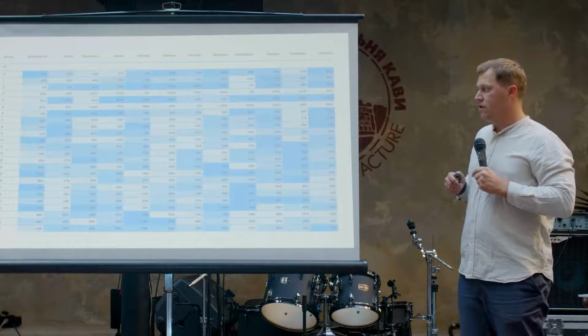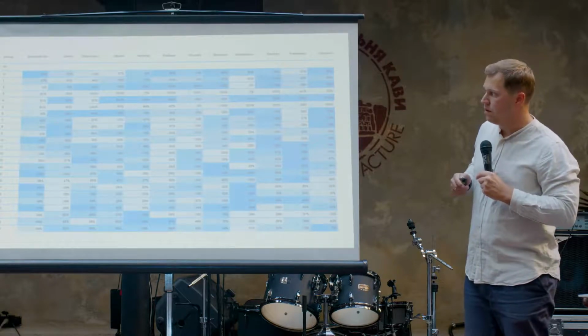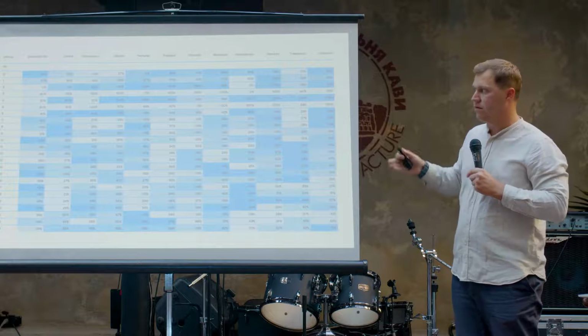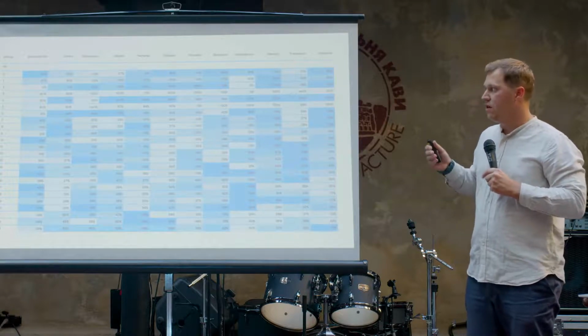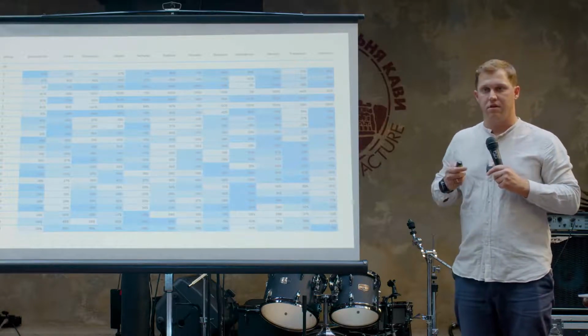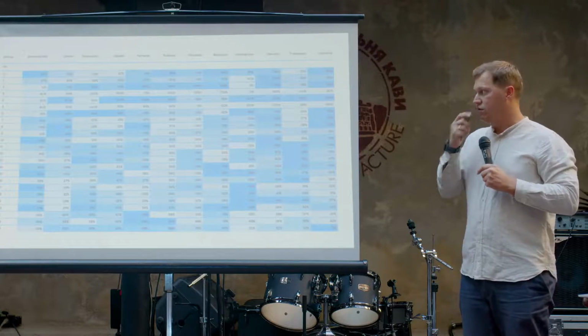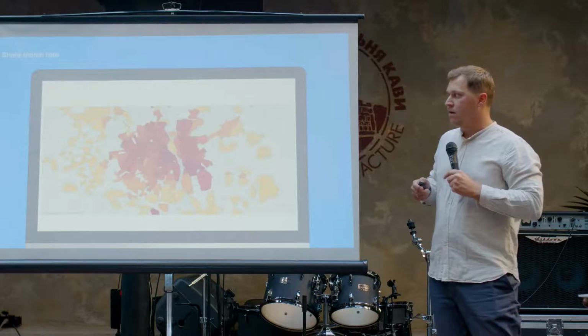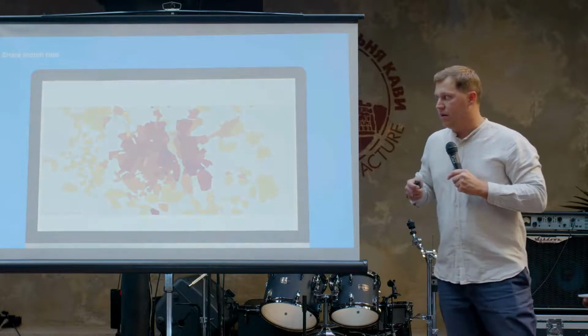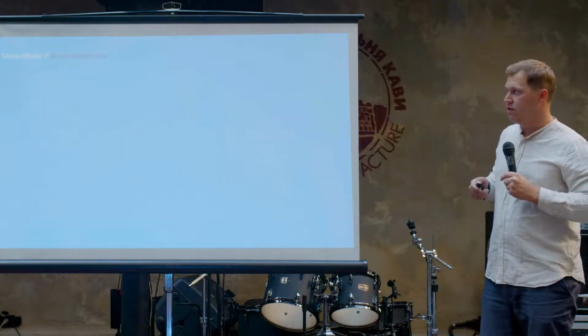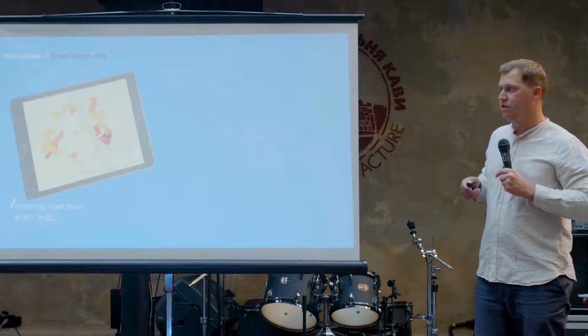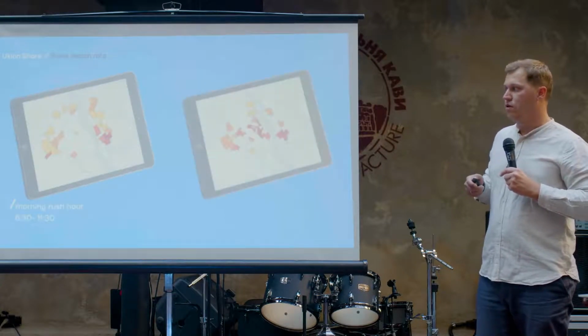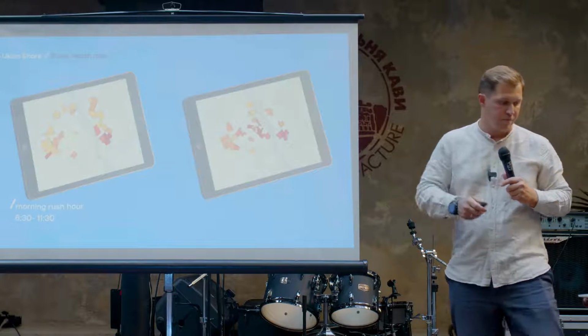As a result, we have such a table which shows us where the match rate is the best, and this helped us to build such a map. After the map was done, we started to make different hypotheses. What can we try on our product?